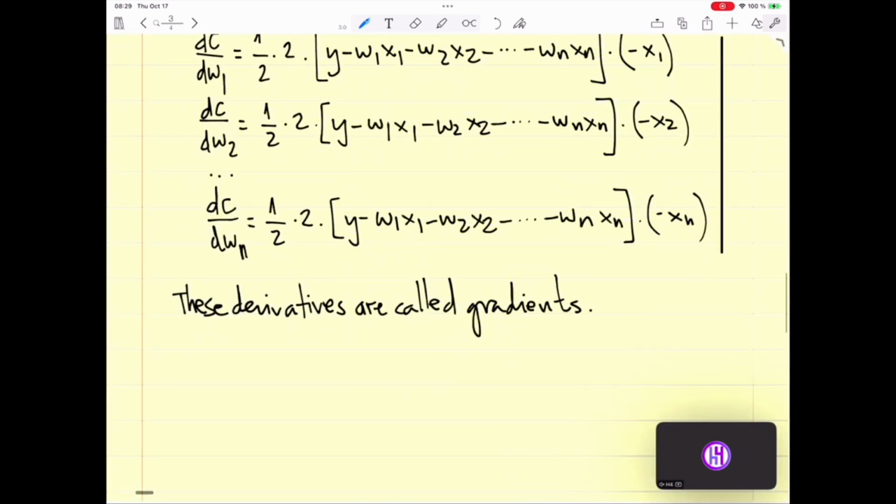Basically, this is just initializing the weights and then changing the weights so that we optimize them.